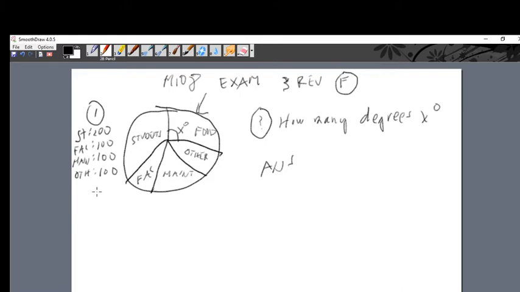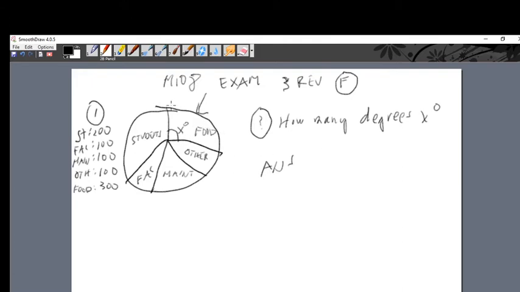Students, 200. We have 200, 100, 100, 100, 500. That's 800, it looks like. Anyway, what's the last one? Food. Food is 300 people working with the food.